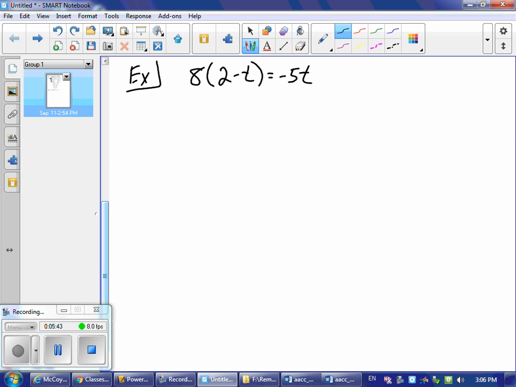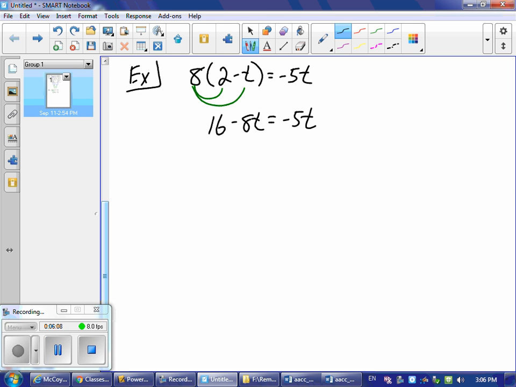So again, simplify first. We need to remove all the parentheses if possible. So we're going to distribute 8 times 2, 8 times negative t. So 8 times 2 is 16. 8 times minus t is minus 8t, equals negative 5t.